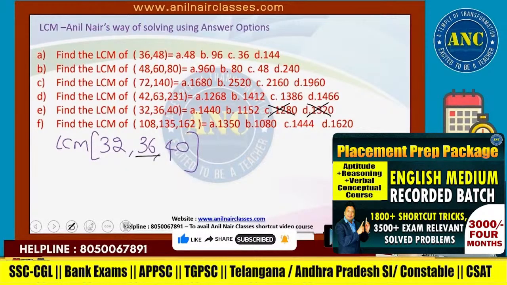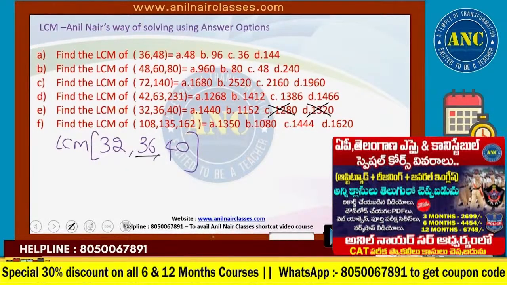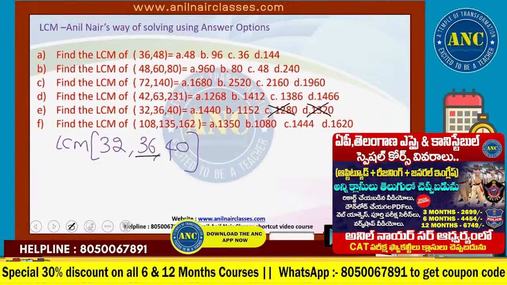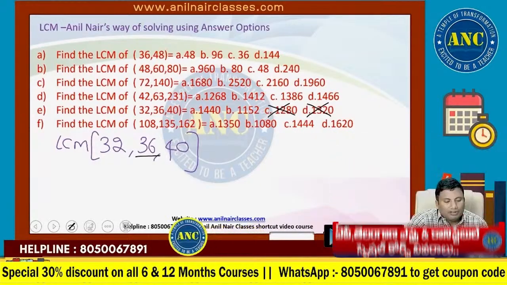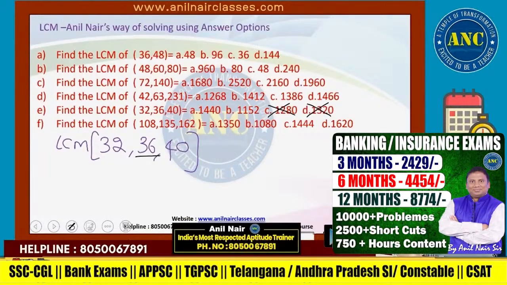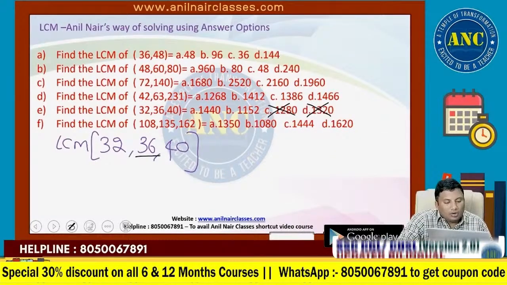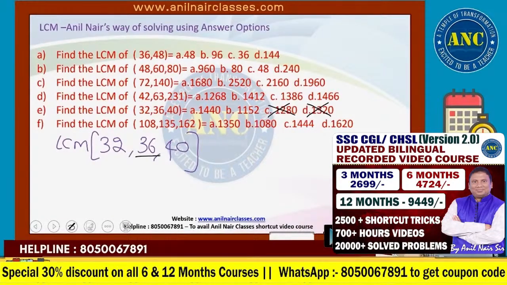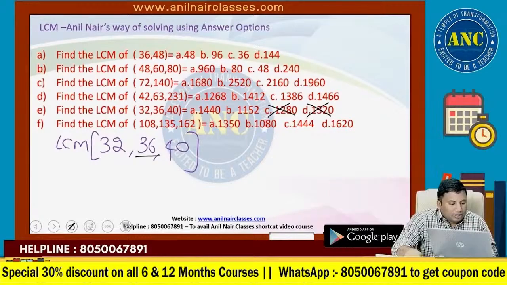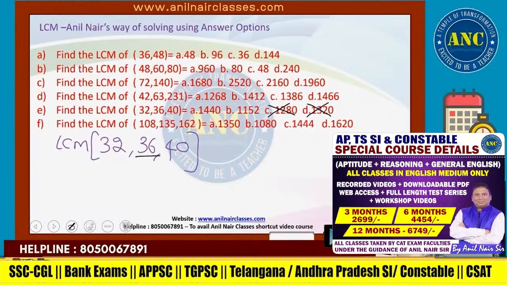So there are 32, 36 and 40. 1440, 1152. Now what we can do is, we can either go by the divisibility rule or go by any other rule that comes. Just for clarity, we will use another method.